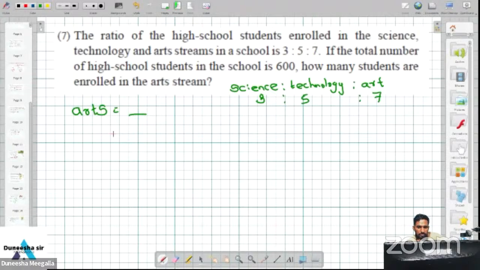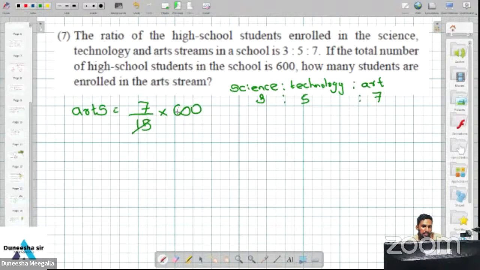3 plus 5 is 8. 8 plus 7 is 15. 15 in the denominator. Art students, then 7. 7 over 15. What are the total students in this group? 600.